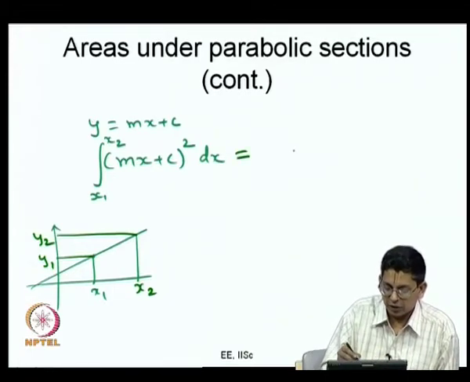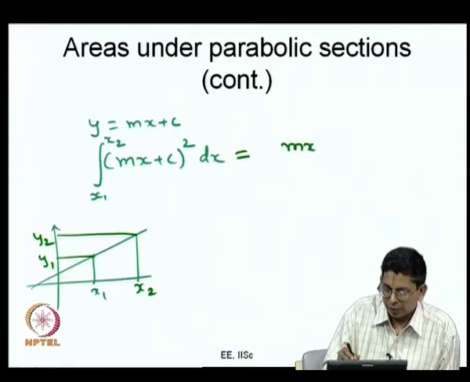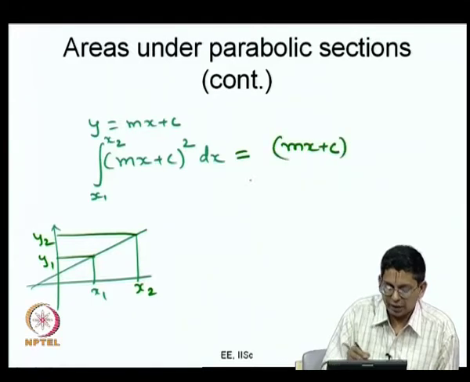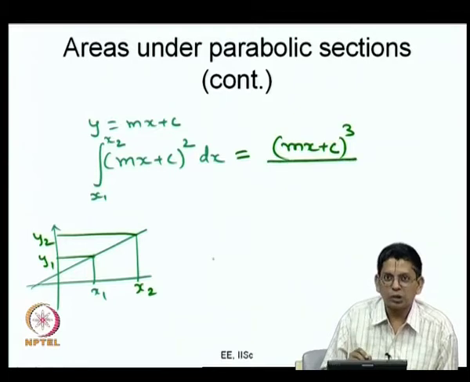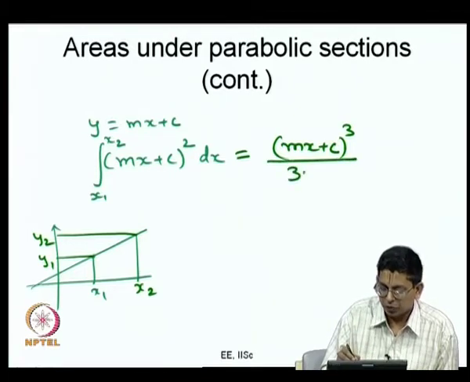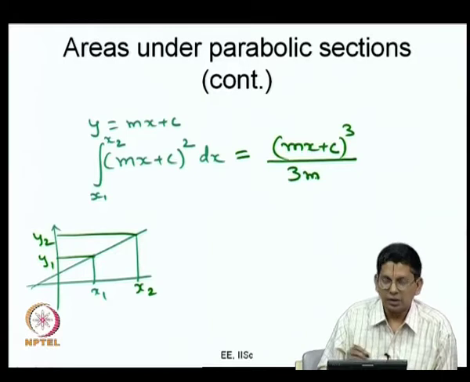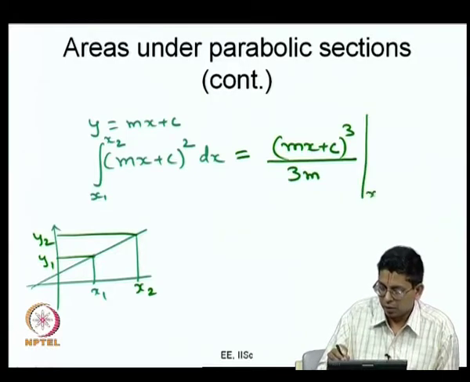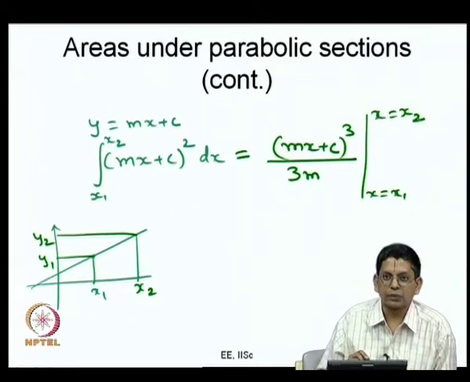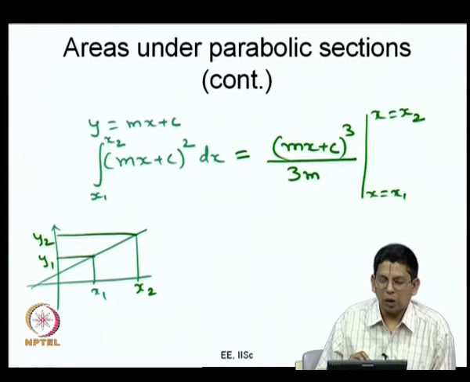If I integrate this function, where mx plus c is the equation of the straight line that I am squaring, it is going to be (mx plus c) the whole cube divided by 3m, evaluated in the interval x equals x1 to x equals x2. What is mx plus c?